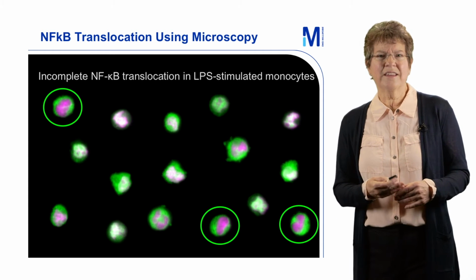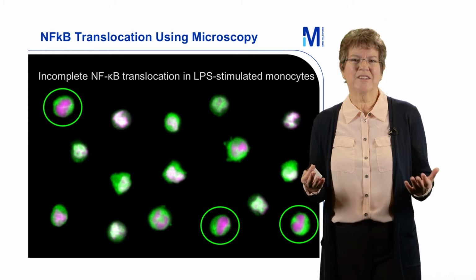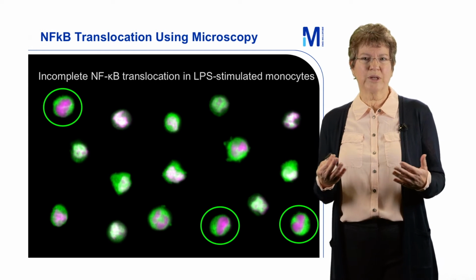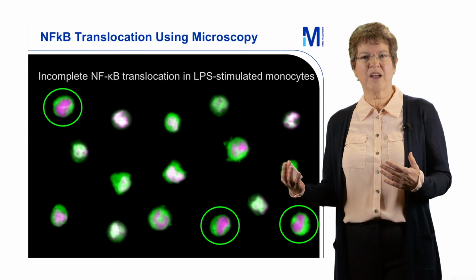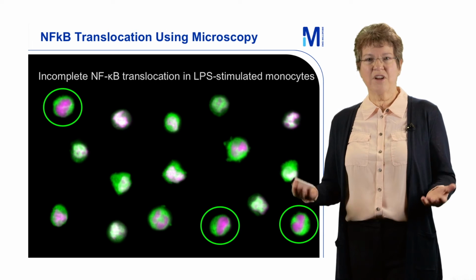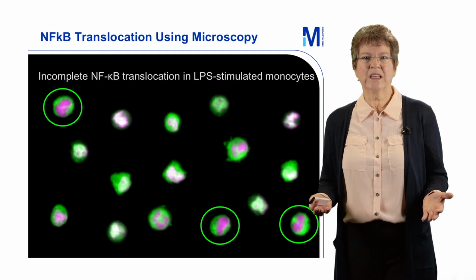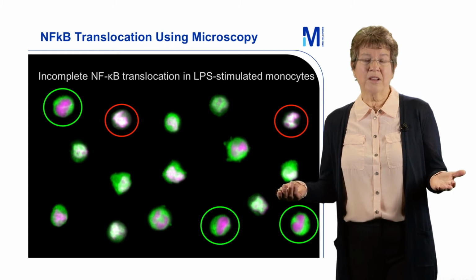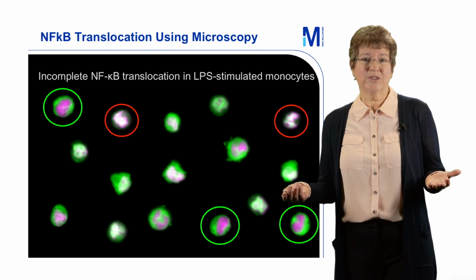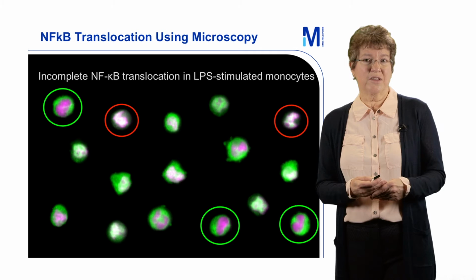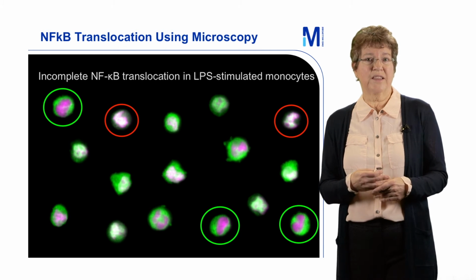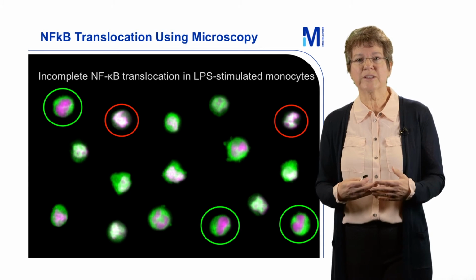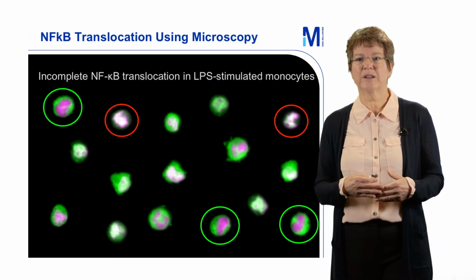And I think everybody here would agree that the 3 cells circled in green all have their NFkB in the cytoplasm, have not translocated it into the nucleus. And I think we'd all agree on that. And we'd probably all agree that those 2 cells circled in red have all of their NFkB in the nucleus, and those 2 cells have completely translocated. So we would call those translocated.